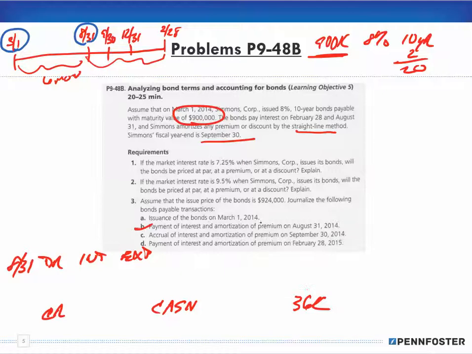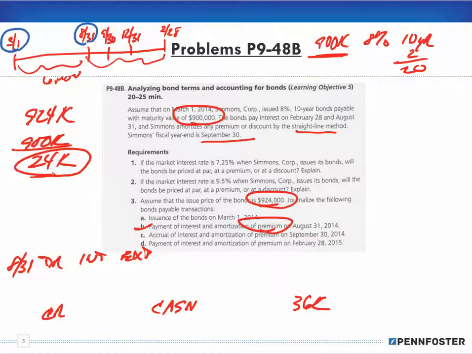We have to take into consideration the premium that we had on the bond payable. As you recall, we have a premium of $24,000. Why? Because the bond was a $900,000 bond, and we're issuing it at a price of $924,000, so there's a $24,000 difference in a premium.